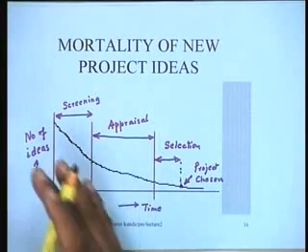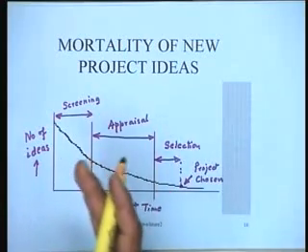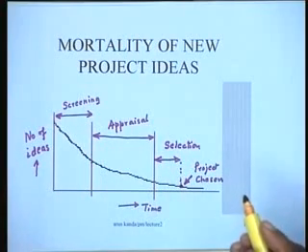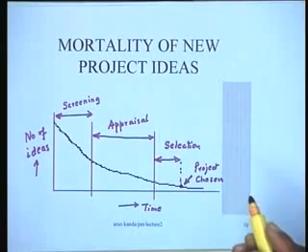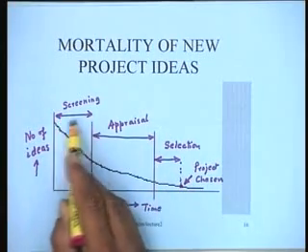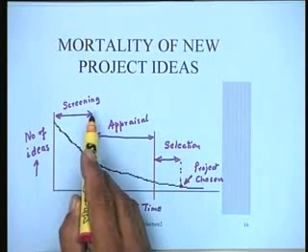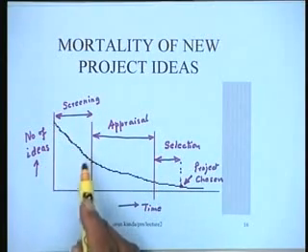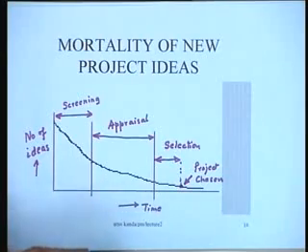So I think this would give you an idea of the successive stages through which various ideas pass before you get a successful project. We are discussing at the moment this phase today, project identification and screening, and how you get this particular idea.